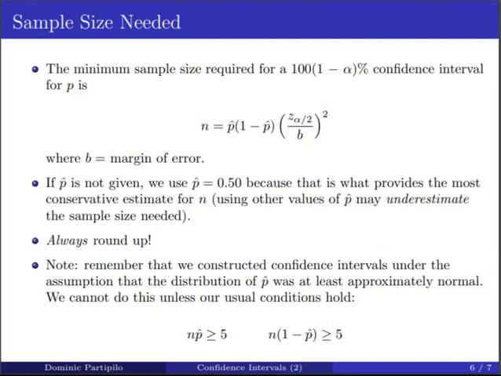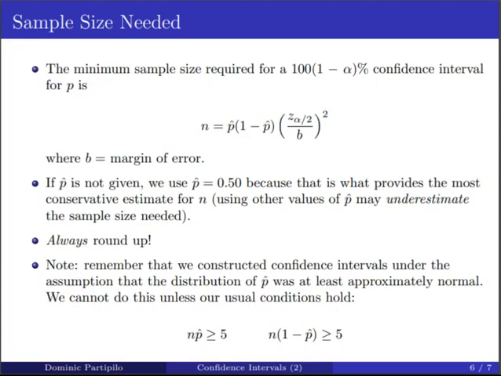So the sample size needed calculation is very similar to before, like when we were dealing with sample means. The minimum sample size required for a 100 times 1 minus alpha percent confidence interval for the population proportion p is equal to p hat times 1 minus p hat times z alpha half over b, squared.